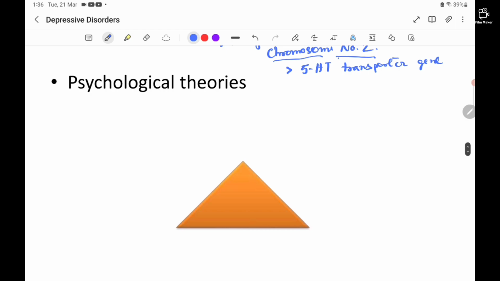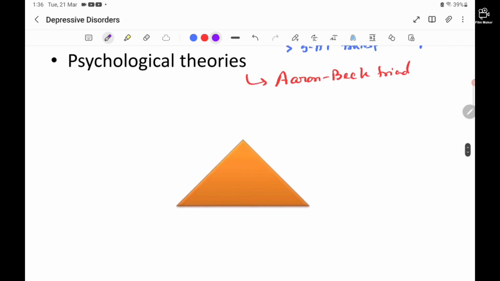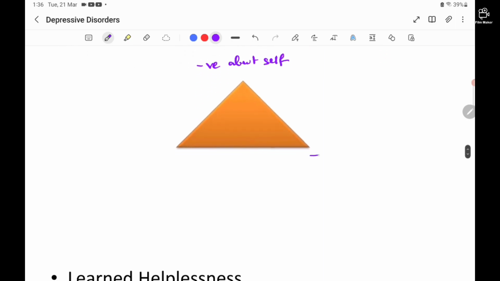Now there is a psychological theory apart from this. This thing is seen in patients with chronic depression, and is also a cause of depression. This is the Aaron Beck triad. In Aaron Beck triad, there will be 3 symptoms. The person will be negative about self, negative about future, and negative about environment.